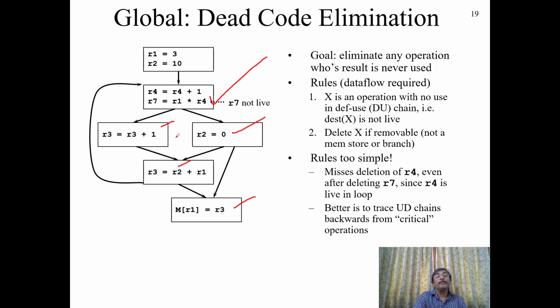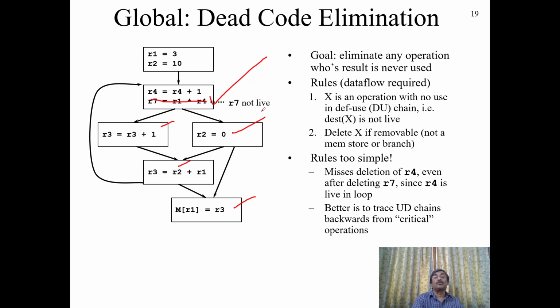So what we can do, we can eliminate this code because it is a dead code. So X is an operation with no use in the def-use chain. X is the statement. What is the destination in that statement? R7. It is not used anywhere, right? So the destination of X is not live, and therefore delete X if removable. I mean, you can delete X only when it is not a branch statement, right?